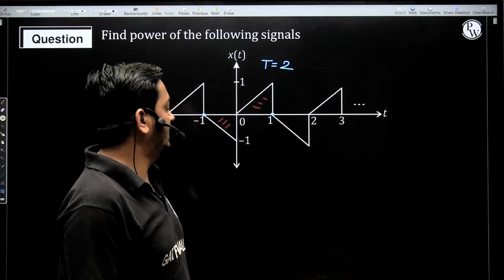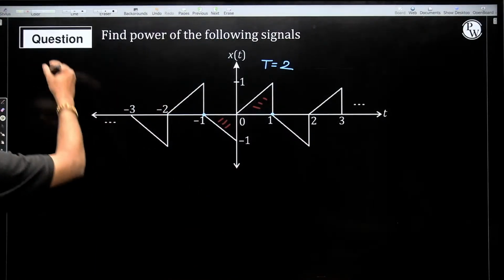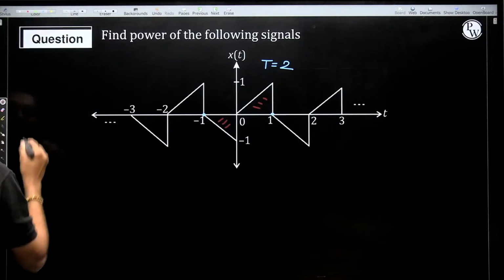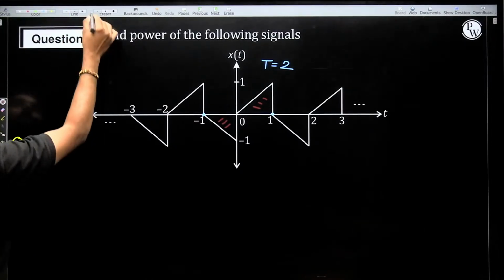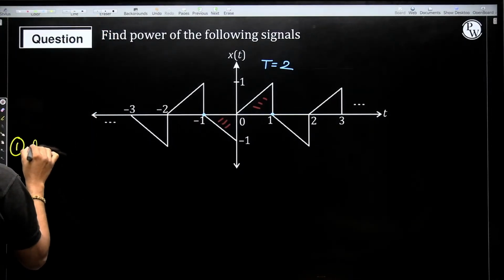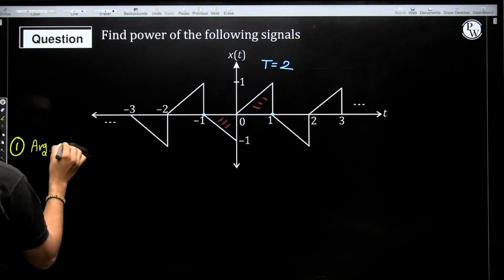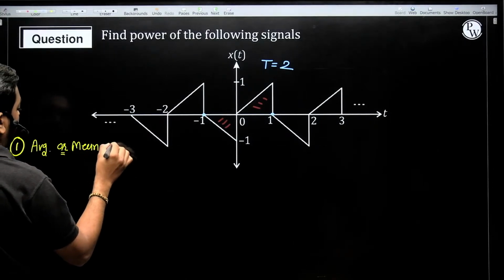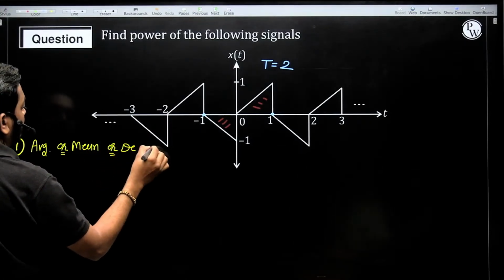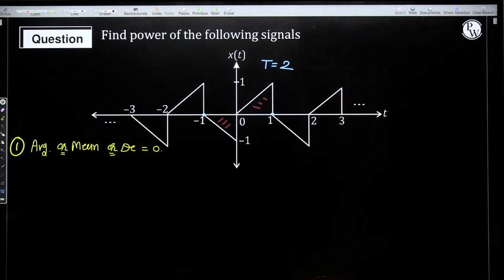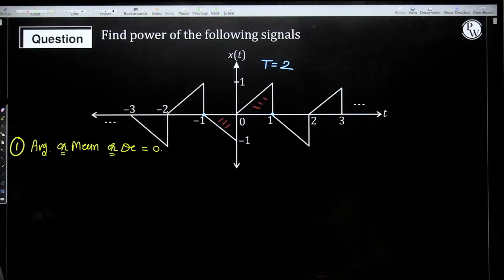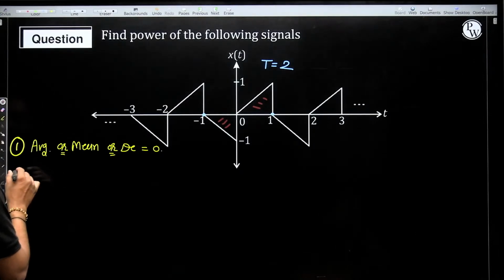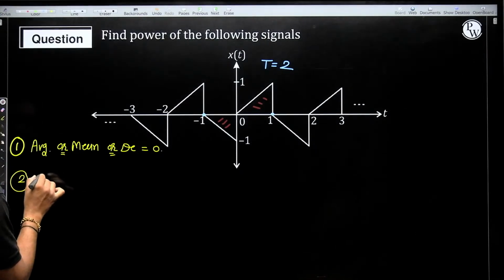Now calculate directly the average power. Here the average or mean or DC is 0, clear? Second, average power.